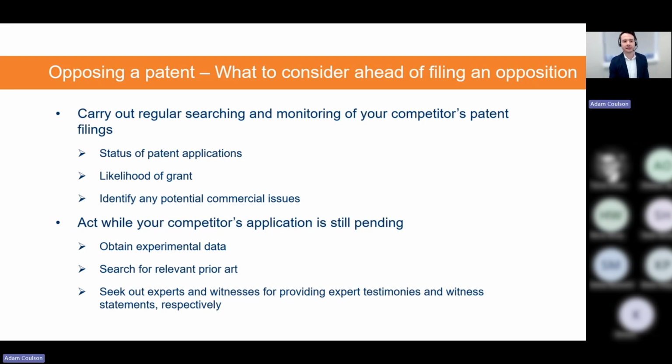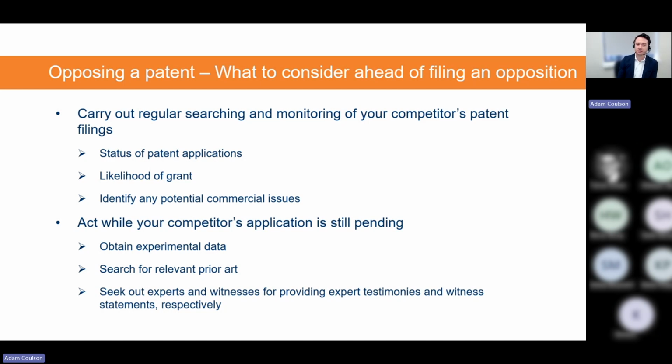If a competitor's patent application is considered to be relevant to your commercial aims, it is sensible to take action while the application is still pending, so not yet granted. This will put yourself in the best possible position for filing an opposition. Such actions may include carrying out experiments to obtain relevant test data, which can be used to argue that the patent is not novel or inventive.